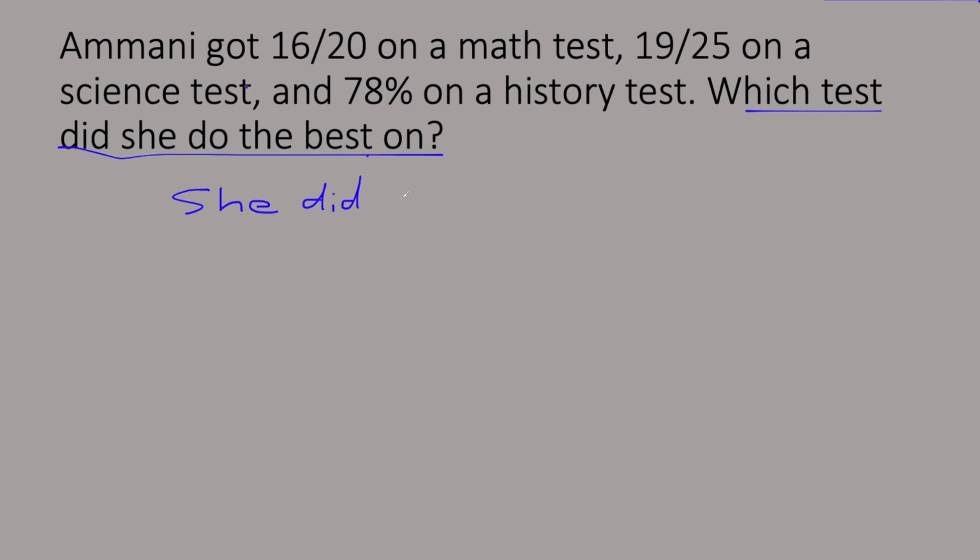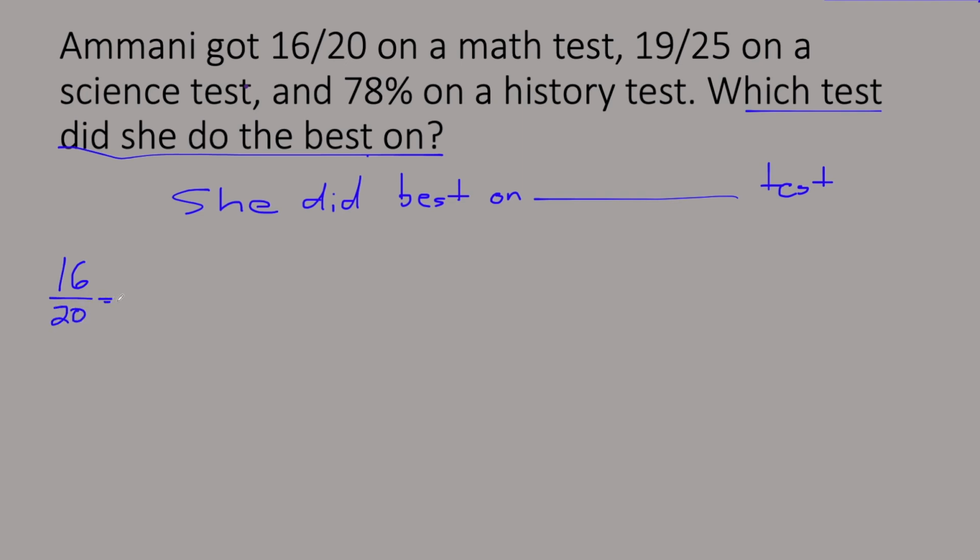She did best on blank test. Okay, because then there's no question, you've put the answer in there and I know that you know what you're talking about. If you just do a bunch of calculations and then leave it, I don't know 100% that you knew what you're talking about.